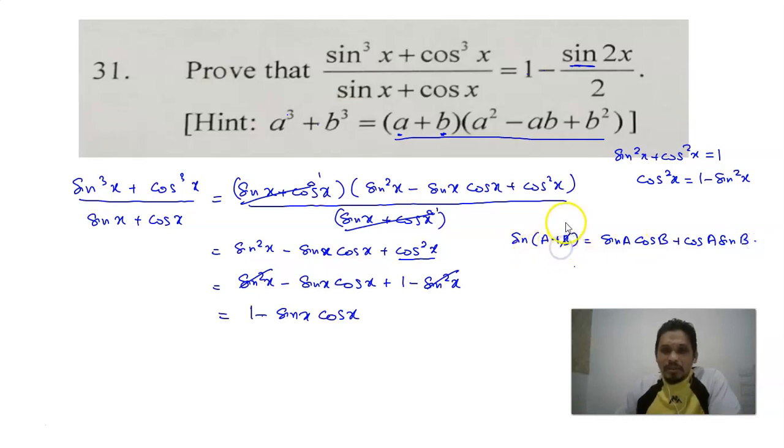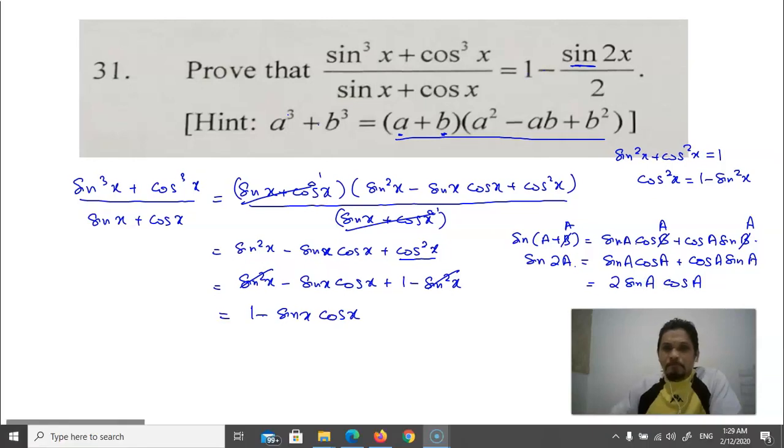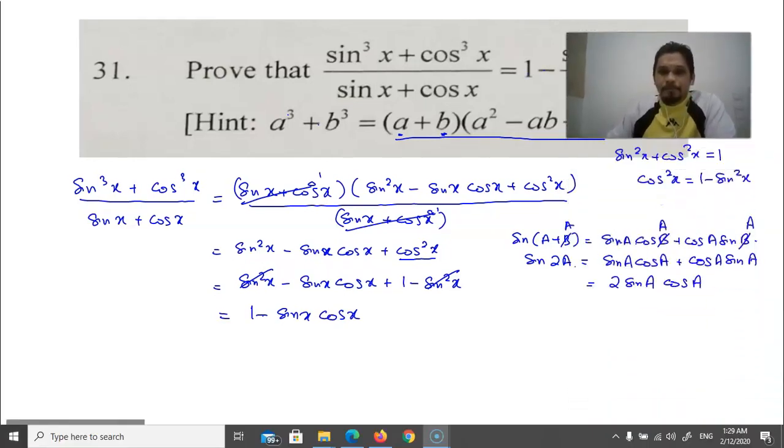So if I change this B into an A, and A, then sine 2A equals sine A cos A plus cos A sine A, which gives 2 sine A cos A. Can you think of something?